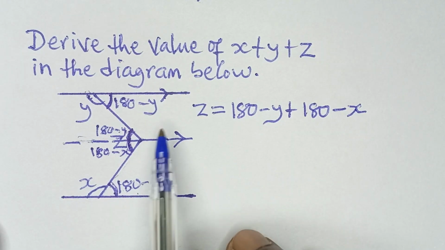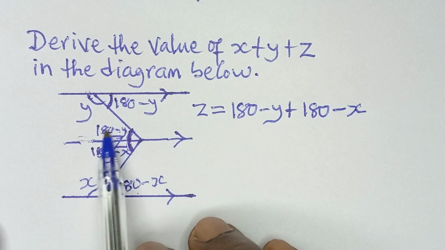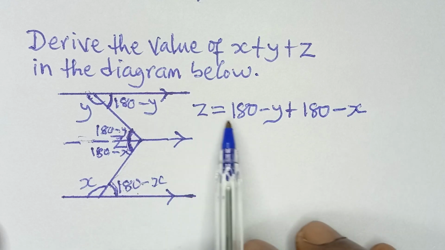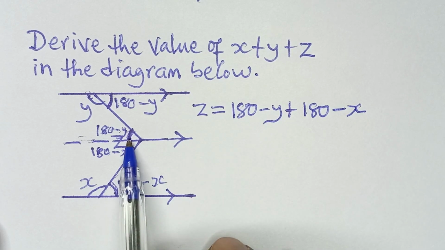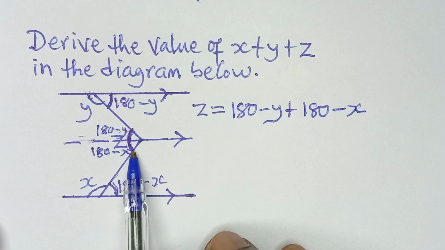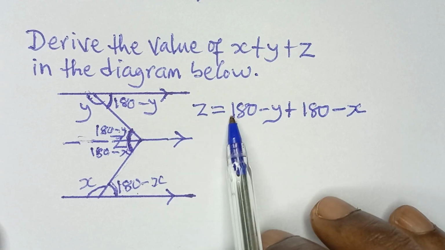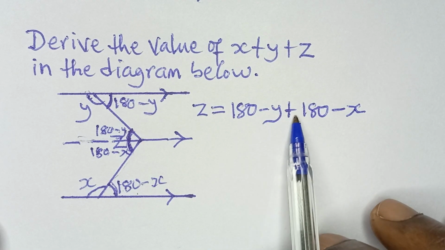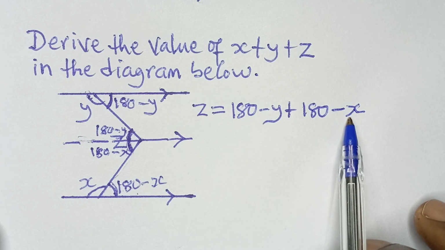So you agree with me that this total angle z is this portion 180 minus y that we obtained, added to this other part, which is 180 minus x. All together give us the value of z. So z is equal to 180 minus y plus 180 minus x.